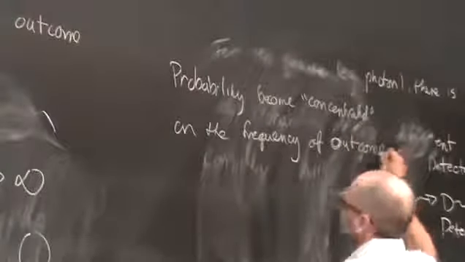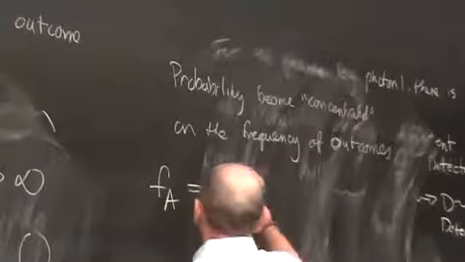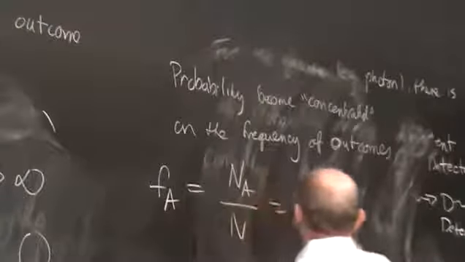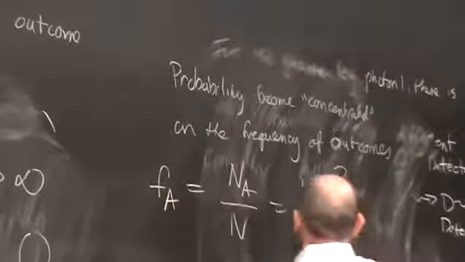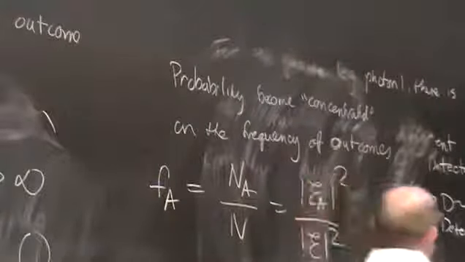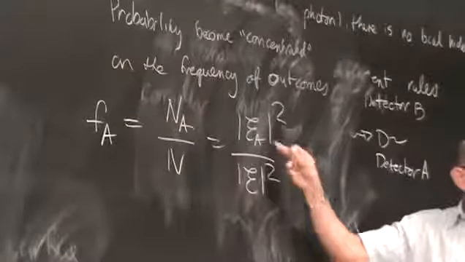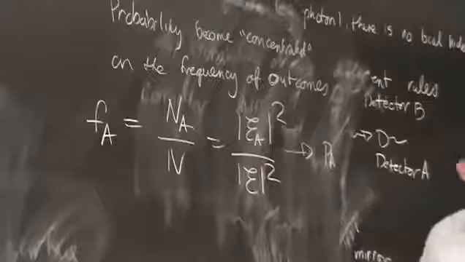So that the frequency of A here is equal to the number A over the total number, or I can think about this as the electric field coming out at port A over the total intensity. So if I think about the fraction, this is the frequency of the intensity that comes out one port or the other, that converges as n goes to infinity to the probability.